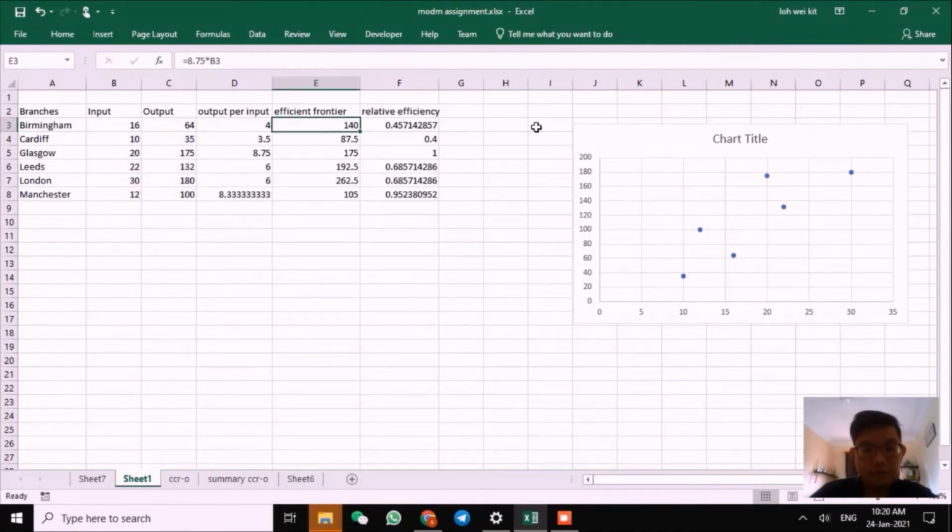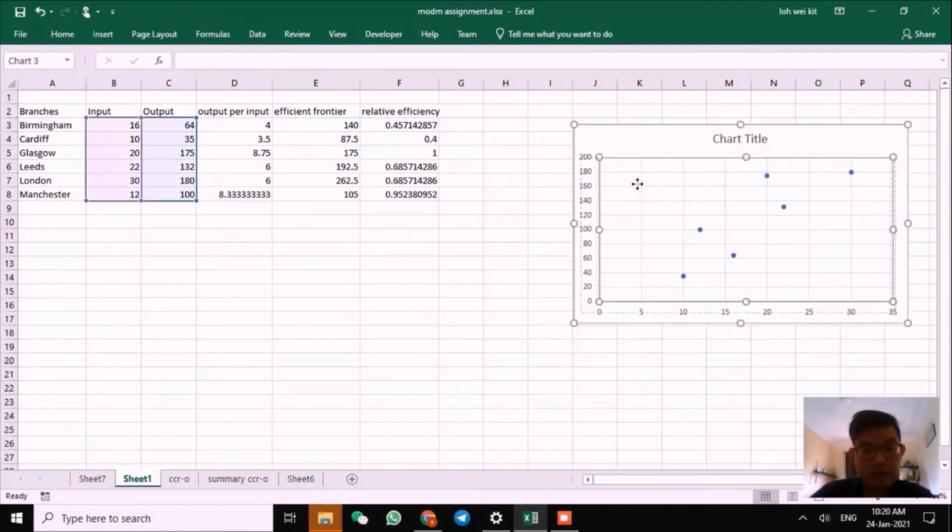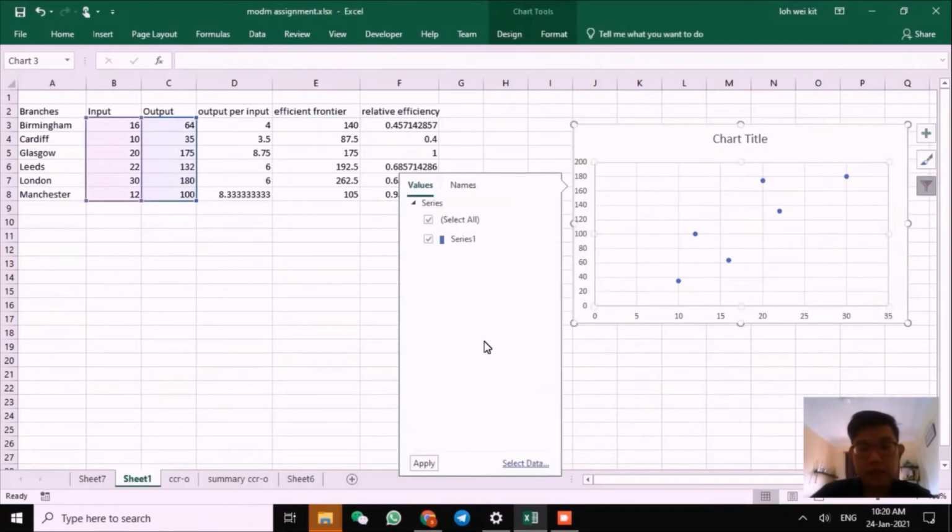To plot the efficient frontier line, we may calculate the efficient frontier line point for each x, which is the input in the table. Using the same method to input this data, we're going to apply the frontier line point for each x.